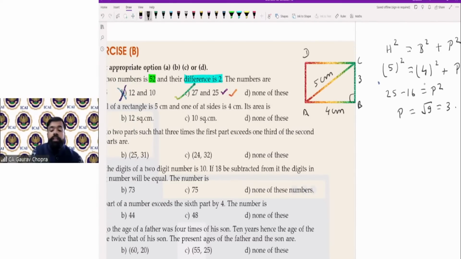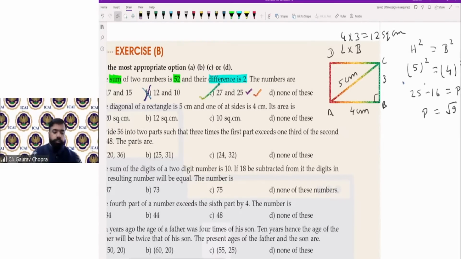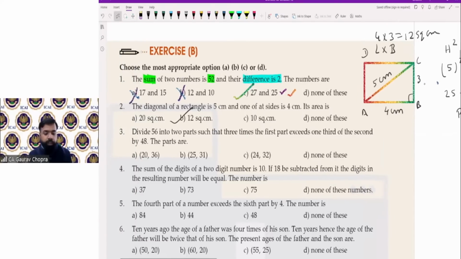Area of rectangle is length into breadth. So 4 multiplied by 3, that is 12 square centimeter. Option number B. So in this way, you will get your answer. All right. So this was second question.